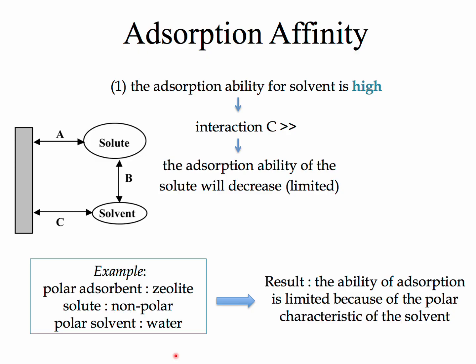So this makes it very difficult for the non-polar solute to compete for the absorption site. The final result is that the absorption of the solute is limited, mainly because the solvent has a stronger affinity for the surface due to its polar nature.